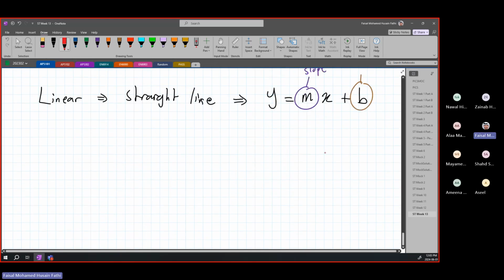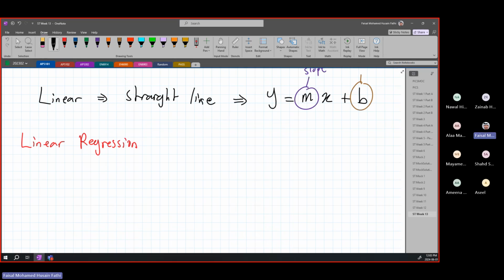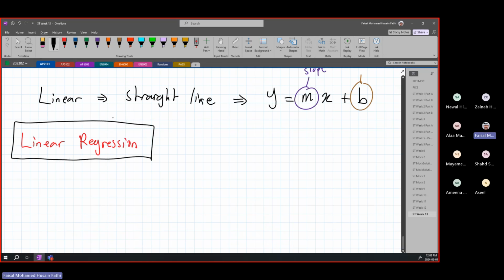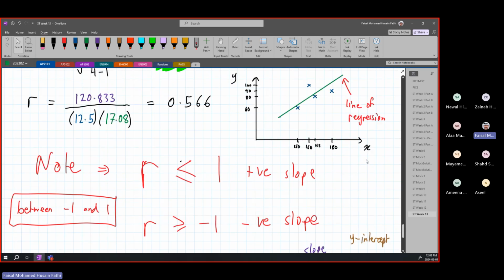In other words, it's linear regression. What does this mean? This basically means it is a line that can be drawn between all these scattered points, as I was talking about earlier, that will relate all these points, or will be the average line going through all of these points, basically going through the middle of all these scattered points. This is what the line of regression is.